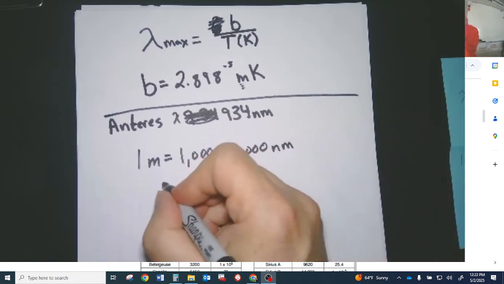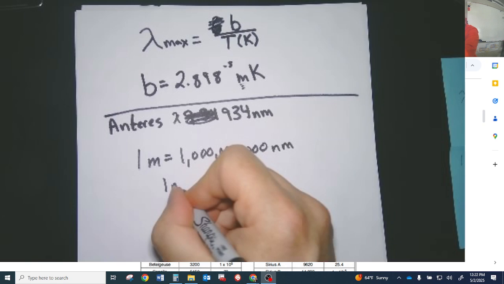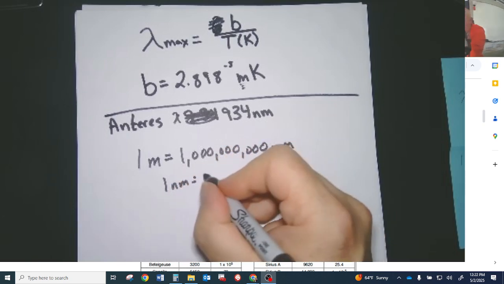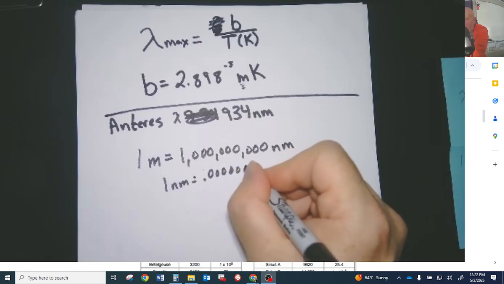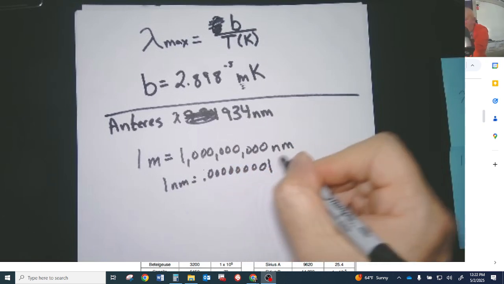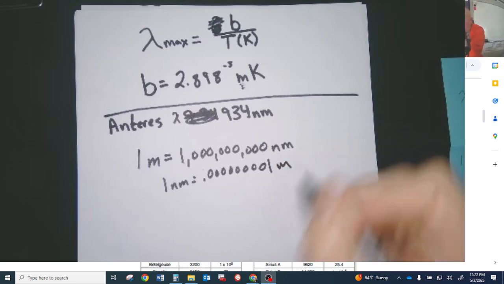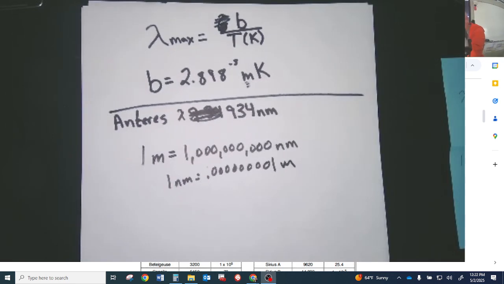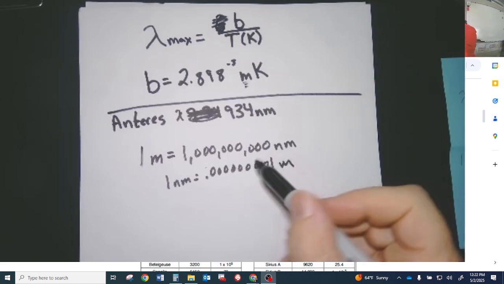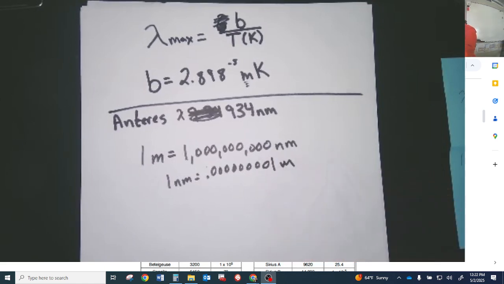Or we can say 1 nanometer is equal to 1 billionth of a meter. That's what we're dealing with. We've got to convert nanometers into meters. That's a lot of zeros, and I hate writing that much.